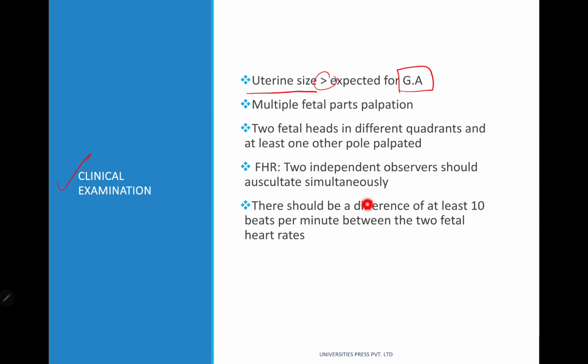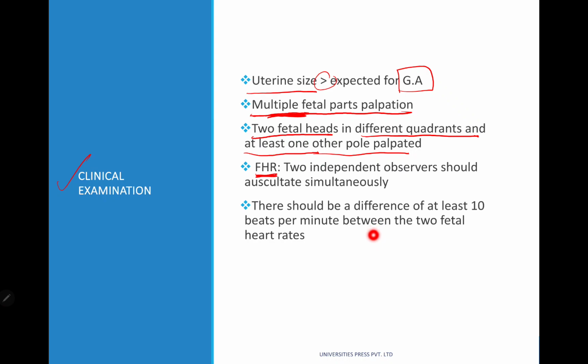Next, multiple fetal parts can be palpated. The third is two fetal heads in different quadrants, and at least one other pole can be palpated. So definitely two fetal heads will be there in different quadrants, and at least one other pole can be palpated.